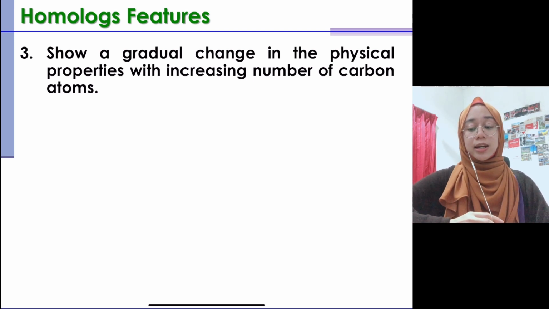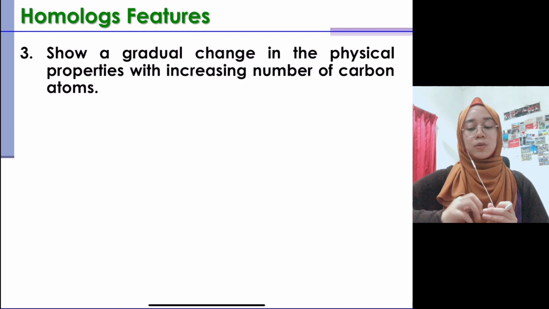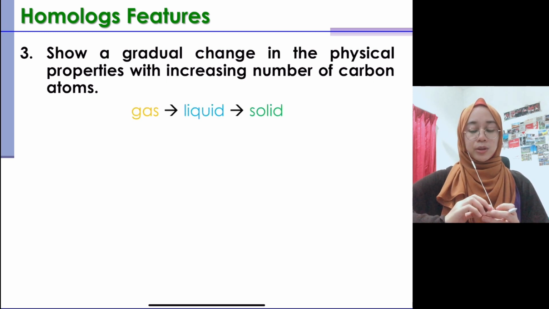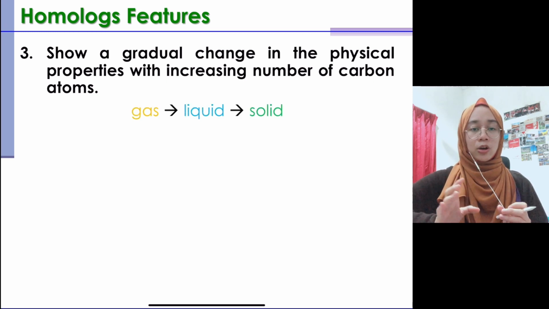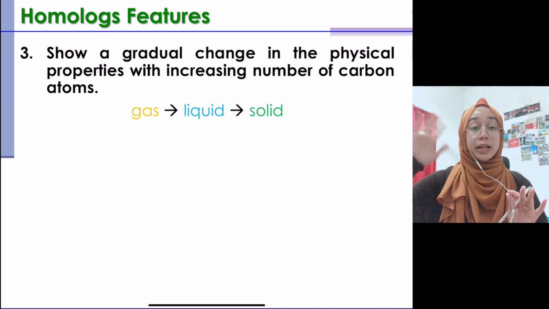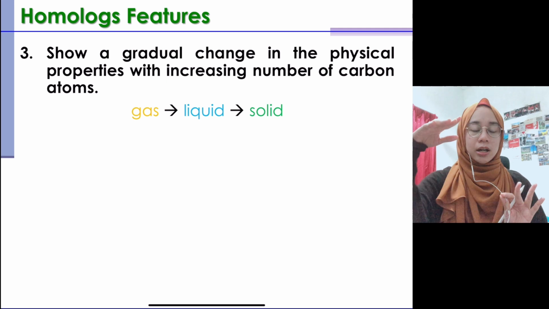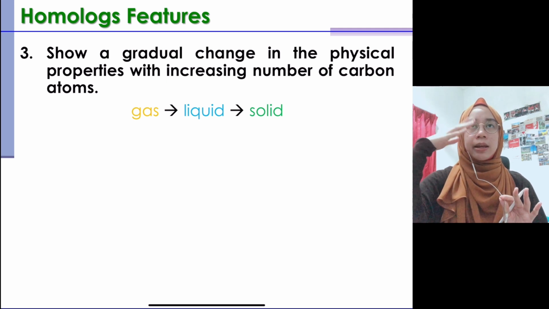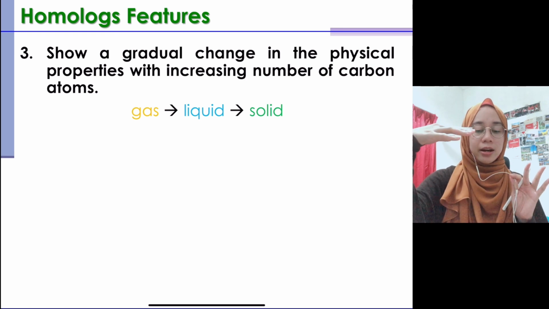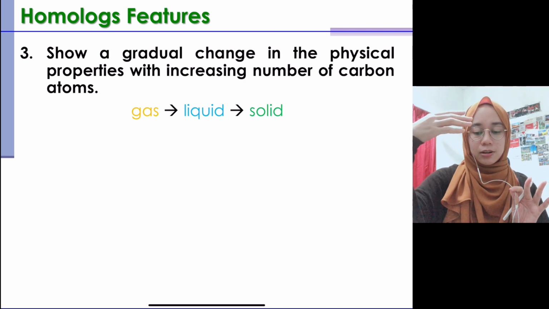Itu adalah physical properties. Kalau kita punya carbon compound ni, usually kita ambil yang paling senang alkane lah. Kalau dekat room temperature, kalau carbon dia sikit, like between 1 carbon, 2 carbons, 3 carbons, dekat room temperature, they are in the phase of gas.